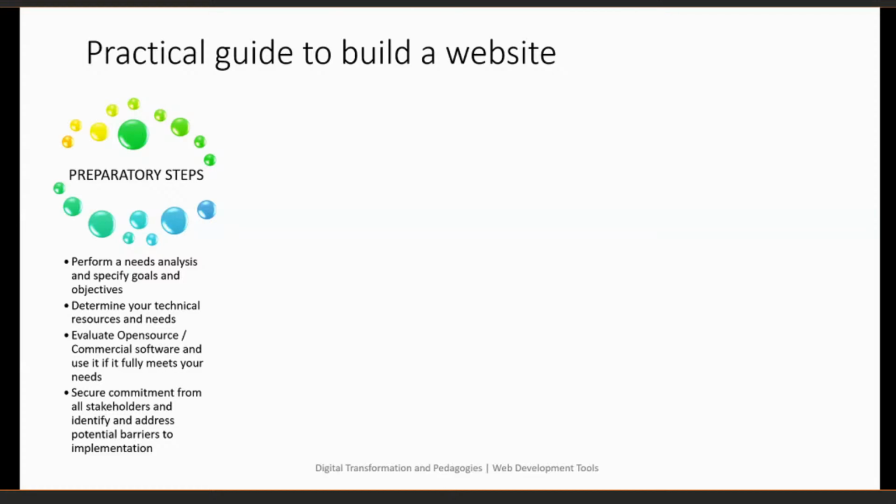Now, on a prima facie basis, needs, goals, and objectives can sound similar or very abstract and dry. So let me put perspective on that. Needs analysis is like, for whatever we want to do, there is always some underlying need. In our context, the need could be that we want to open up a particular subject or content or the delivery to the students who are in remote areas.